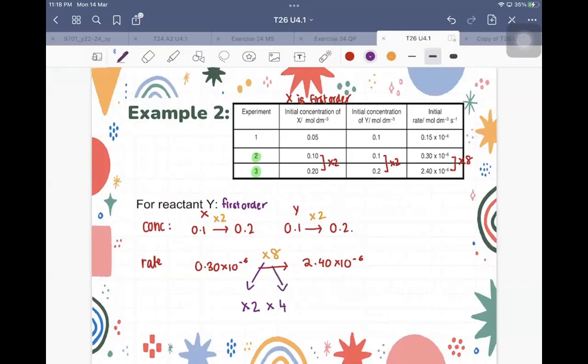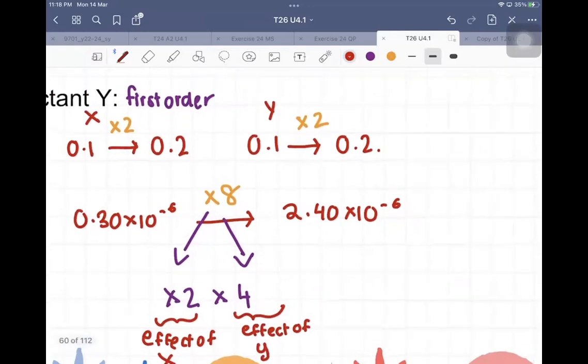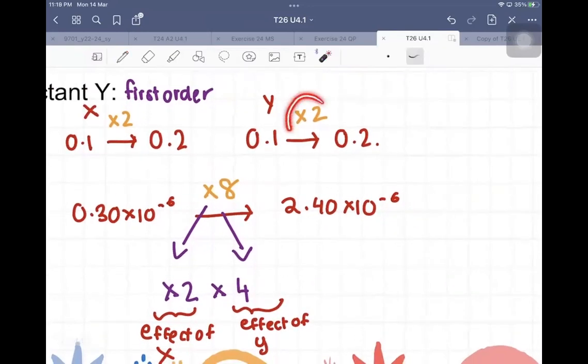Times 2 is the effect of X, and that means times 4 must be the effect of Y. So you can see that as I increase Y times 2, the rate goes up by 4, which is 2 squared. This suggests that Y is second order.